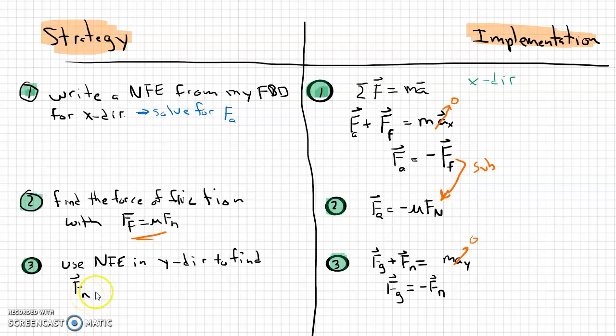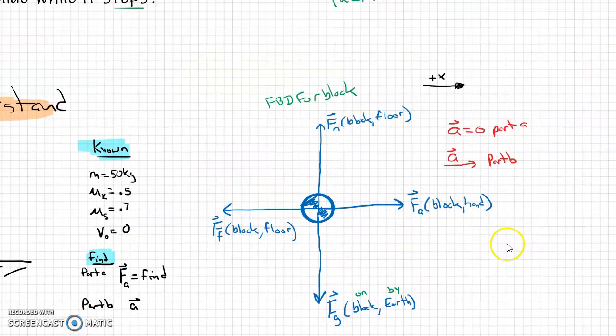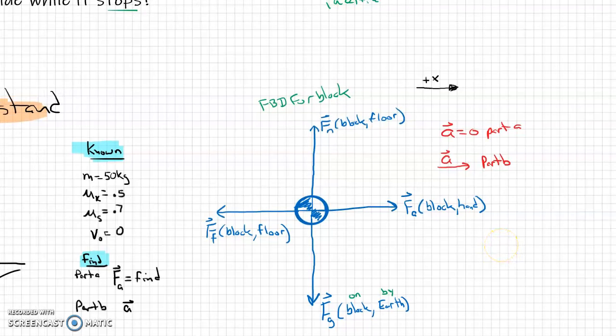So my normal force is going to be found by the net force equation in the y direction. I have two forces in the y direction. I have the normal force that's up, and I have the gravity force that is down. And I guess I should define some positive direction here. That would probably be helpful. Typically, we'll say up is my positive y direction.